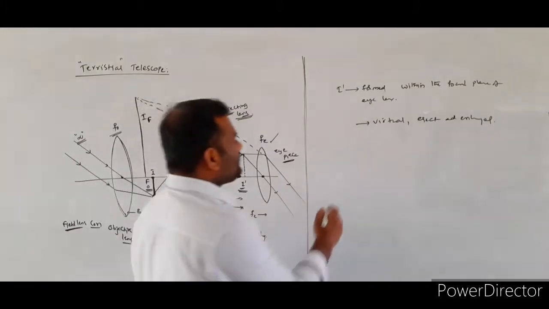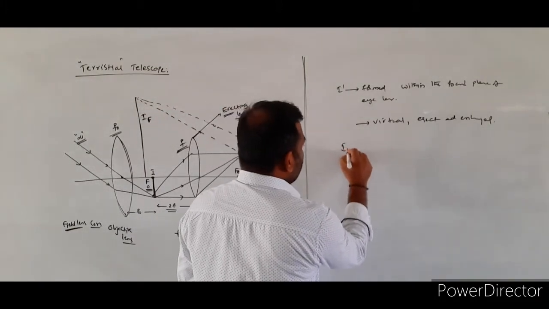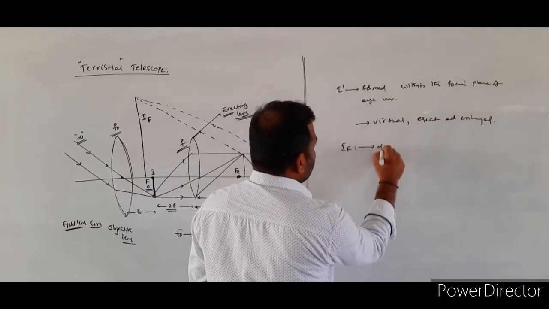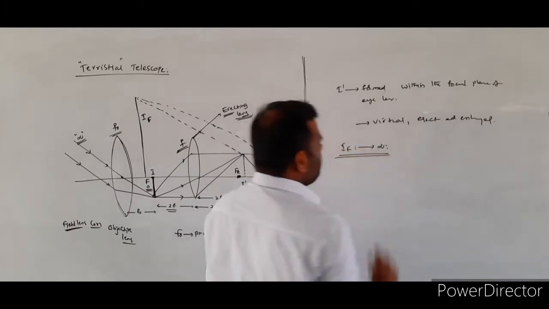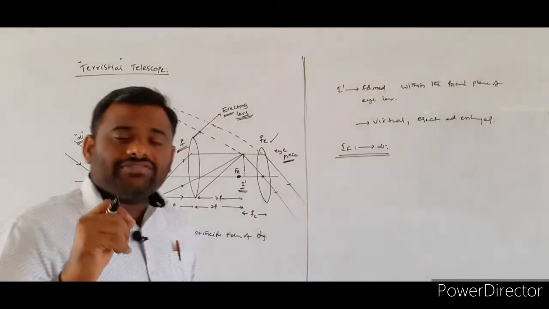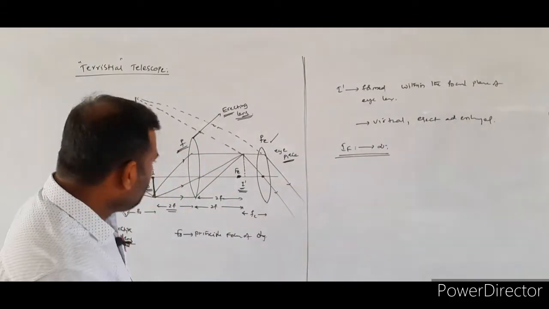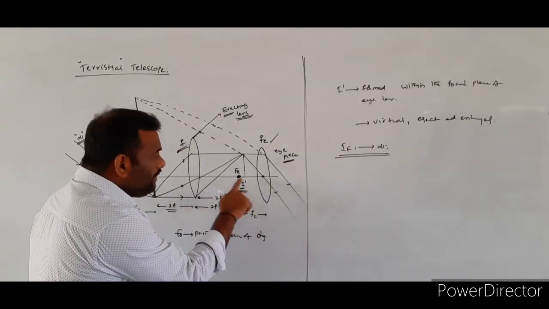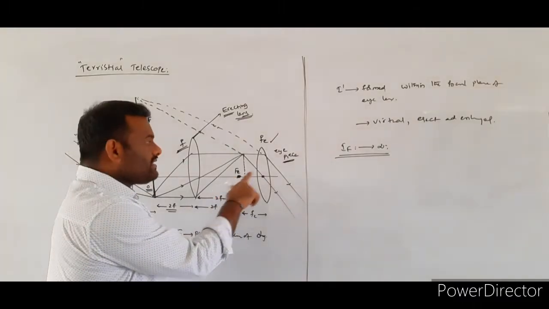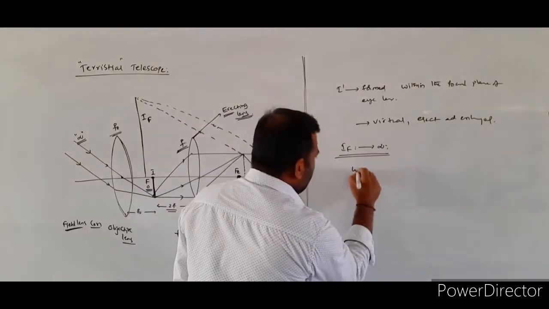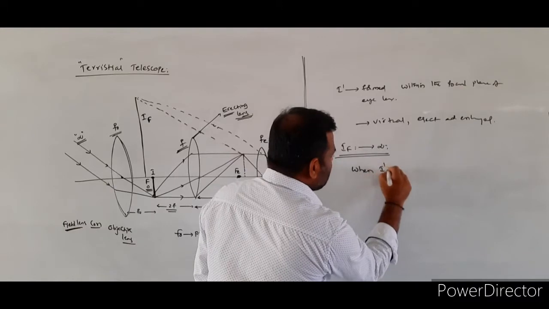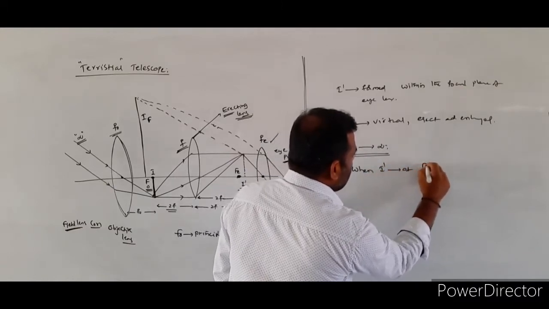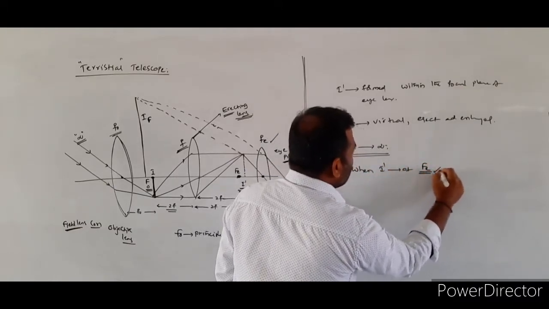Here again two cases are there. If the final image is to be formed at infinity, the virtual object I dash must be at the principal focus of the eye lens.